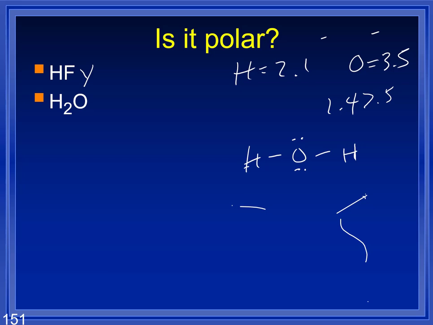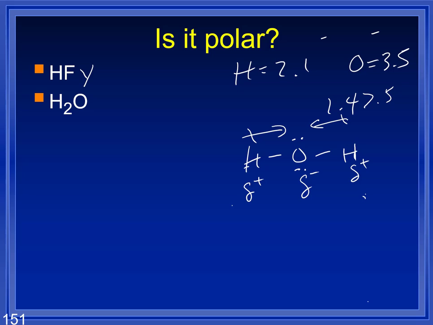The electrons are pulled towards the oxygen, so it's negative, and the H's are positive. Is it polar? We don't know yet because we don't know what shape it is.